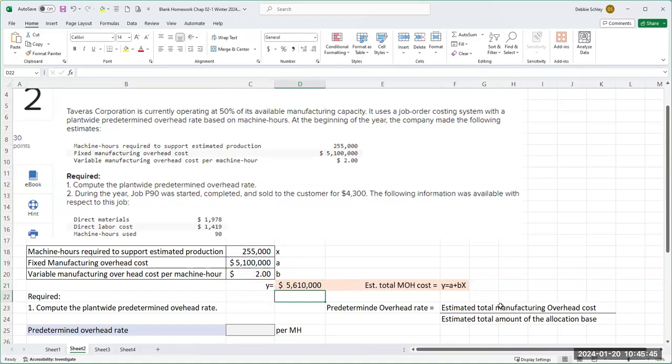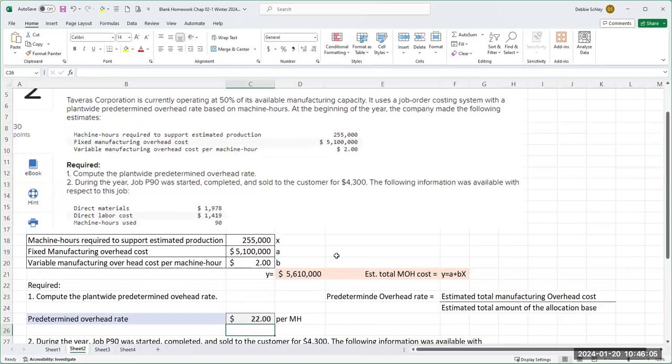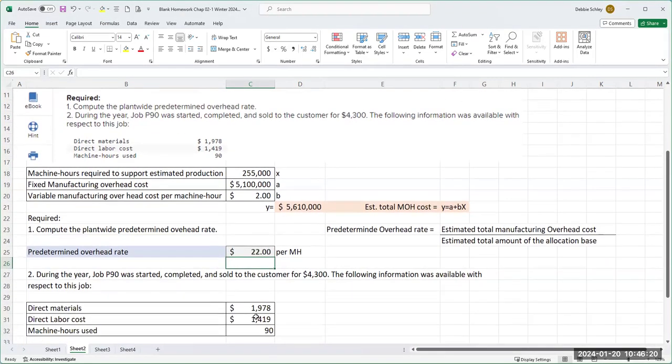Okay, so there's my top number here, my estimated total manufacturing overhead cost. So now my predetermined overhead rate would equal the estimated total manufacturing overhead costs divided by the machine hours, because the machine hours is my allocation base. So that gives me a predetermined overhead rate of $22 per machine hour. Okay. So that was requirement one.